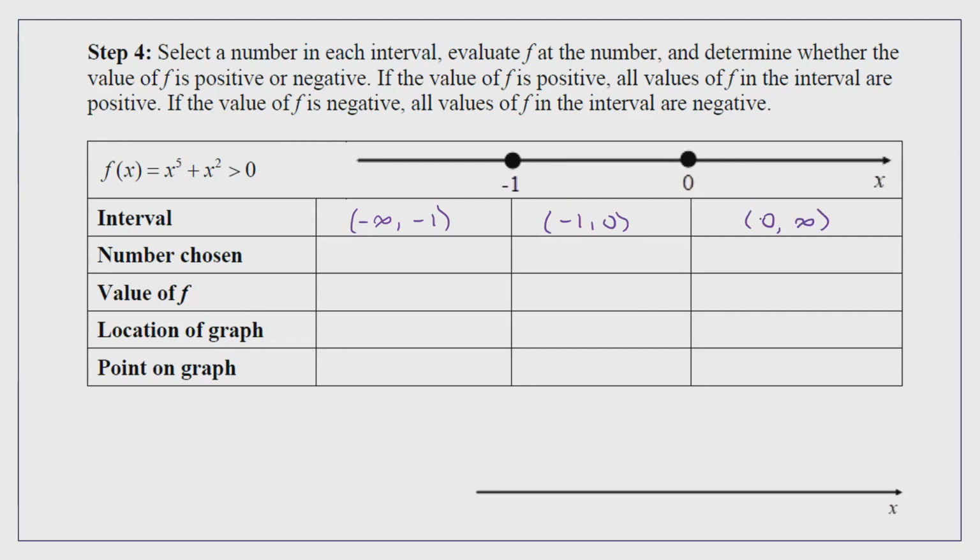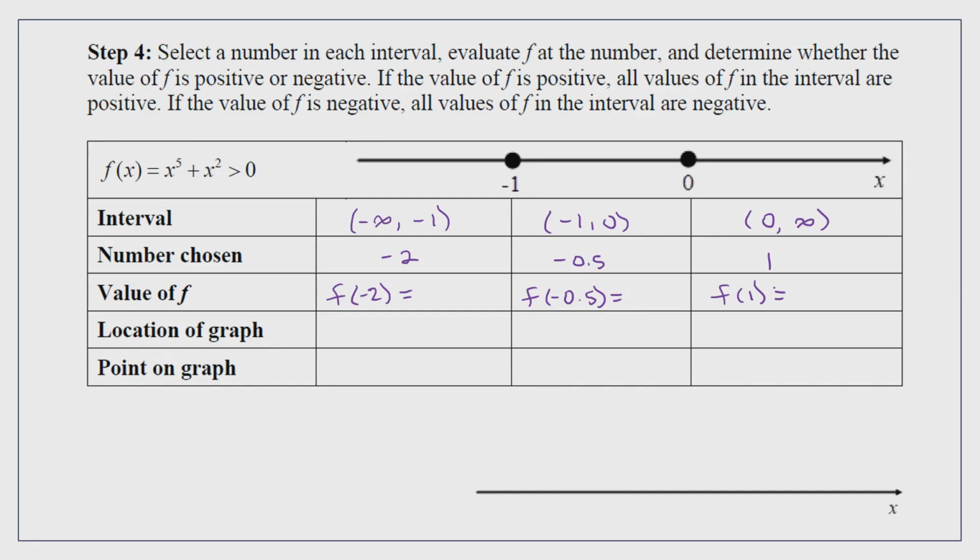We can choose a number in each of these intervals. I'm going to choose negative 2, negative 0.5, and 1. So we'll evaluate f at each of these values: f of negative 2, f of negative 0.5, and f of 1.